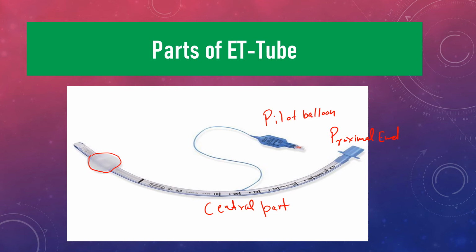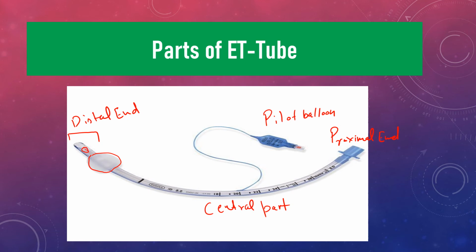Next is the distal end. This end is the distal end, and this end is placed into the trachea. Here you can see the opening. There are two openings: one is the middle opening and one is the lateral opening.